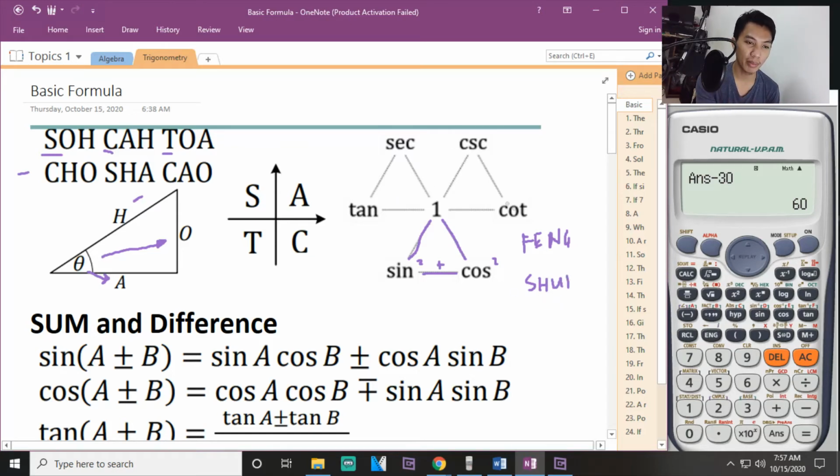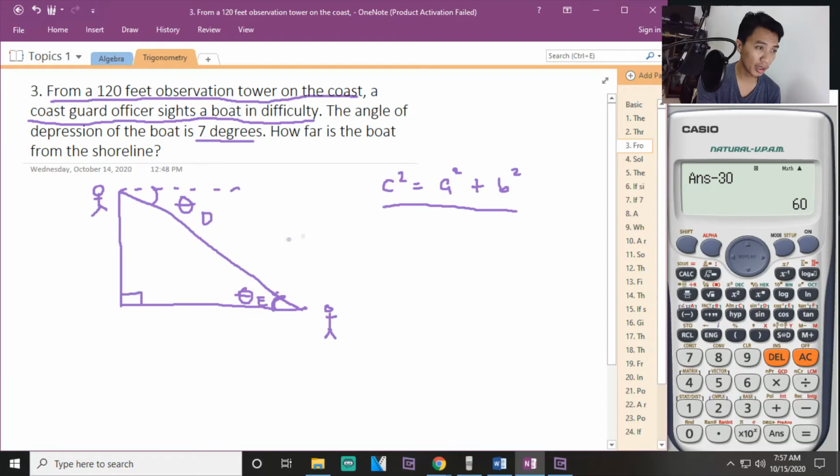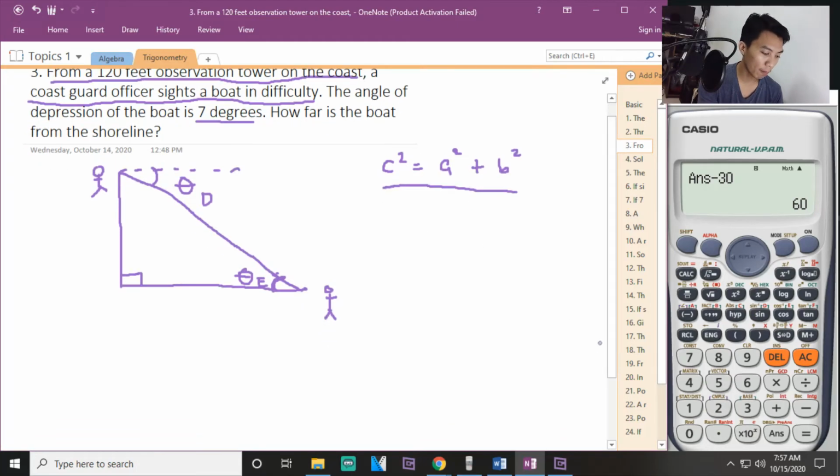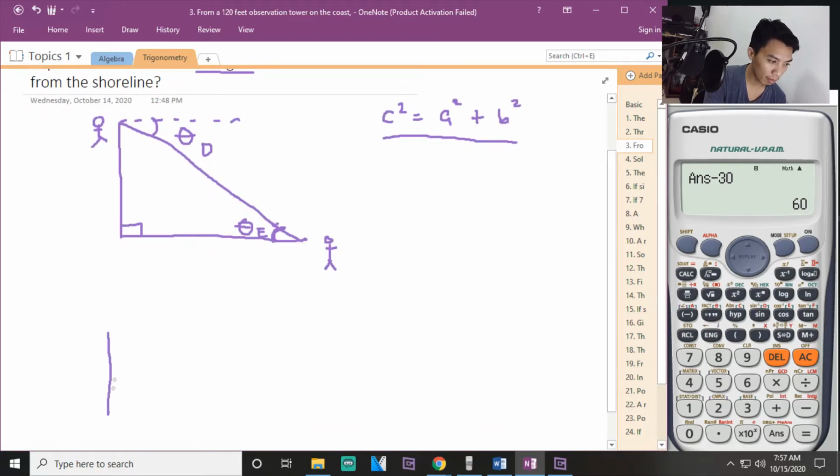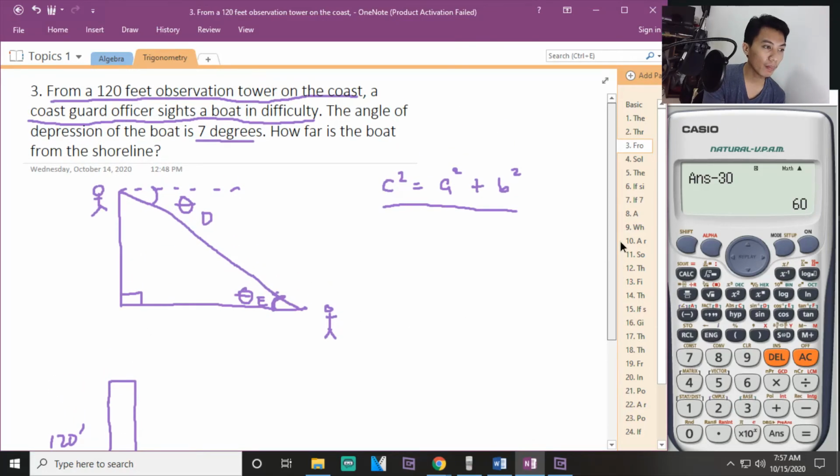So, ang gagamitin. Yun na yung number 3. So, you will have to draw number 3. For number 3, sabi dito, meron ka daw tower na 120. Now, sabi dyan, the angle of depression is 7 degrees.